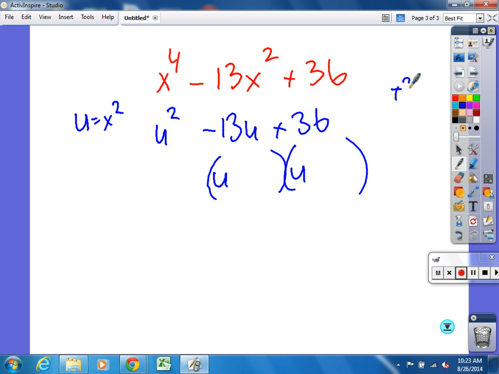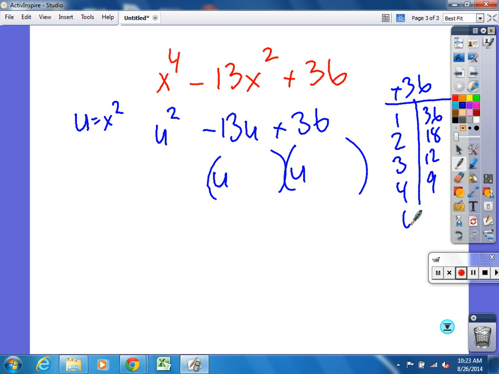Sure. 1 and 36, 2 and 18, 3 and 12, 4 and 9, 5 can't go, 6 and 6. Which one adds to be 13? 4 and 9. So I know this is going to be negative 4 and negative 9. Does everybody understand how I got that? Yes, no, maybe so? All right.